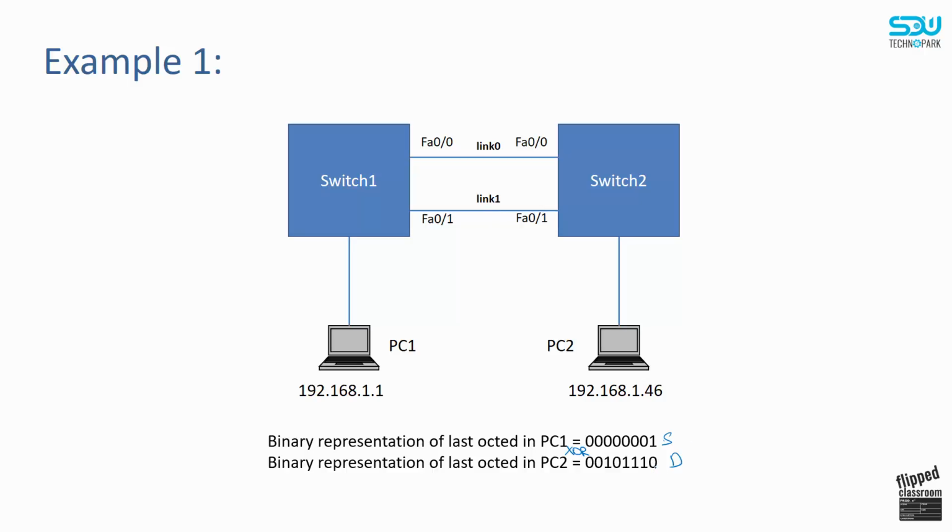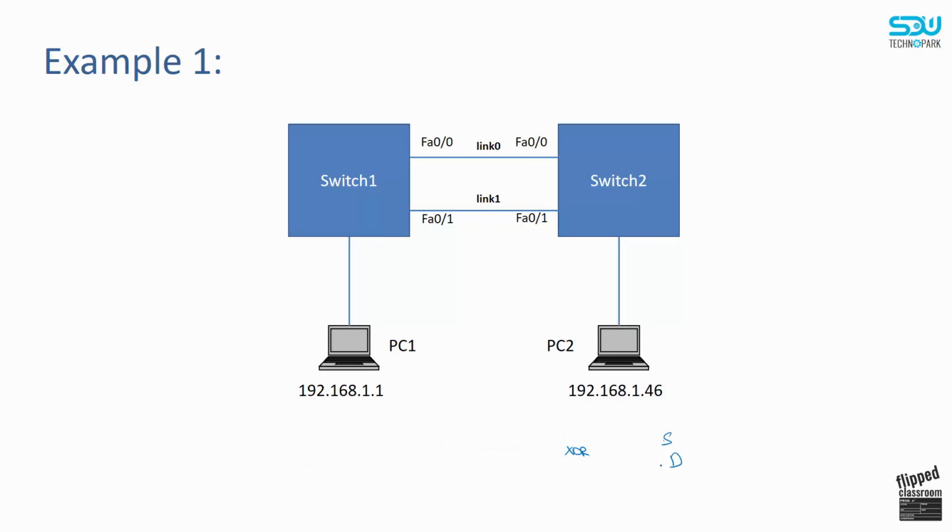So as a result, 1 XOR 0 will give us 1. What does it mean? It means that communication between computer 1 and computer 2 will be done like this. So if computer 2 gives a reply, what will be happening?